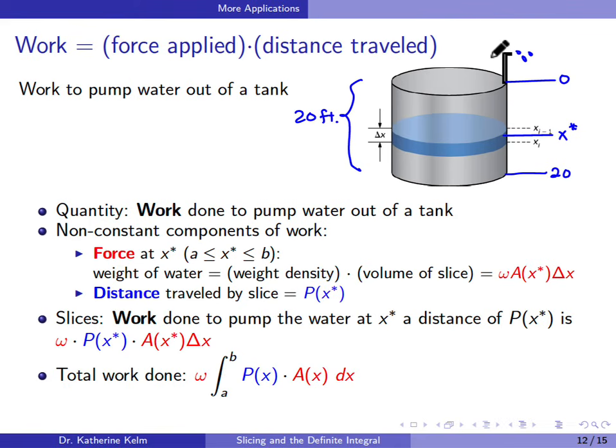And then maybe our pump is at a distance of 3 feet from the top of the tank. So then the exit for the water is going to be at -3. That's one possible choice.